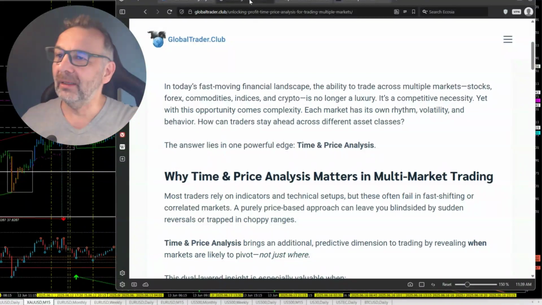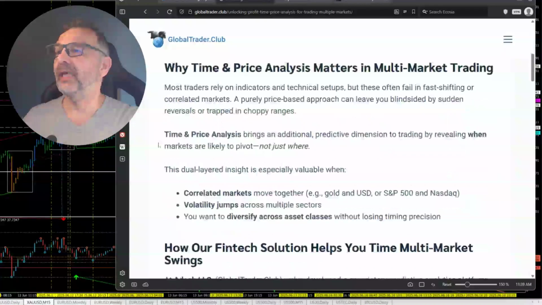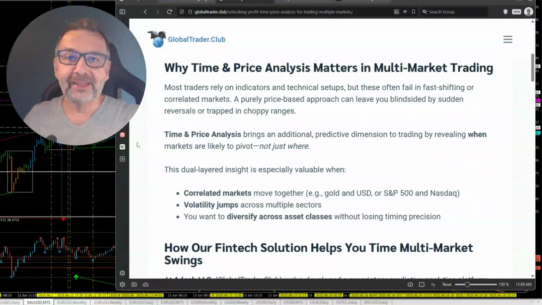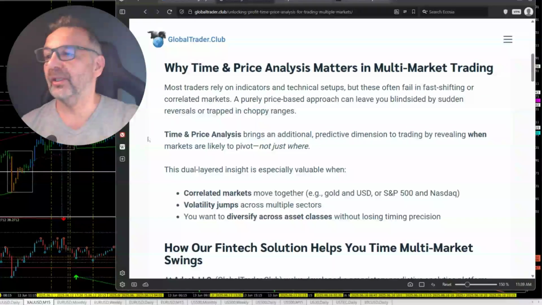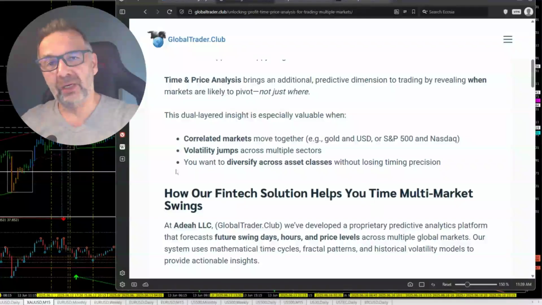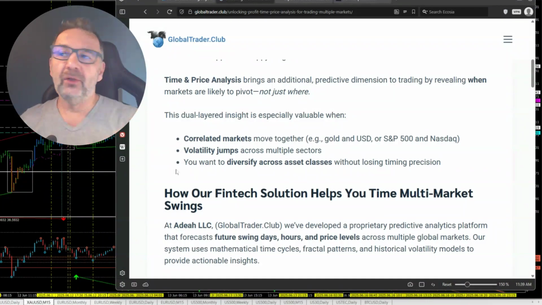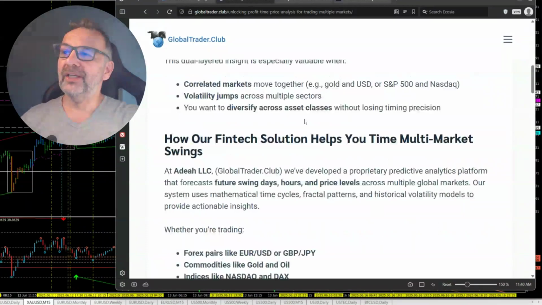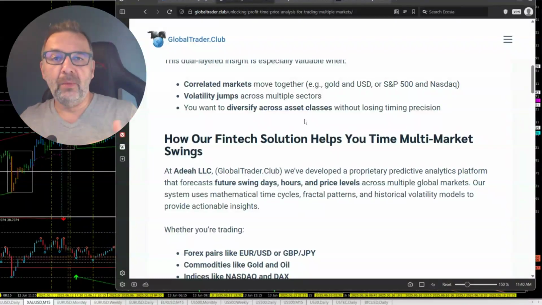So when trading multiple assets, what you can do is correlate time and price with assets that are correlated to each other, because they move together. The volatility then comes together. The volatility is really important for us. That's why I've got the PST and the timing. So sometimes getting those together is going to give us a good level to get in. And then if you're diversifying your asset classes, you also know that markets are moving together.